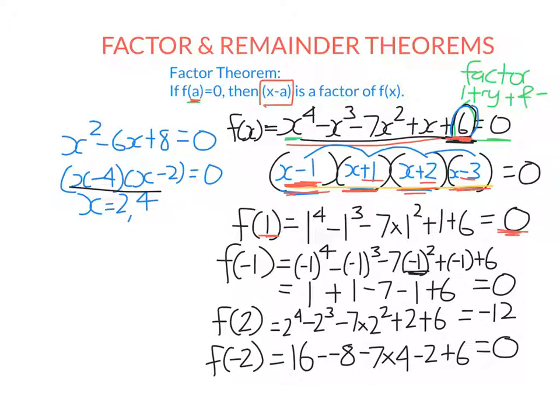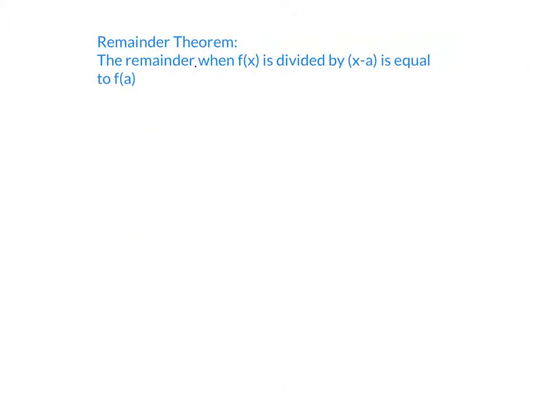So let's go on and look at the remainder theorem. So the remainder theorem is all about when we want to divide polynomials. So let's say we want to perform this division here, x cubed plus x squared plus 1 over x plus 4.